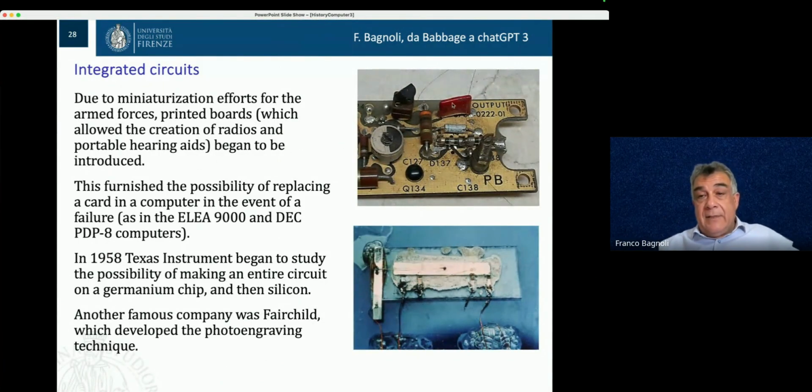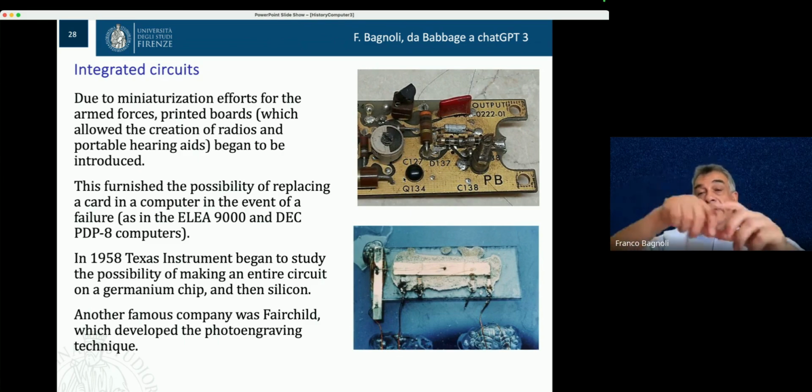Clearly, the first innovation, which you can see already here, was the introduction of printed boards. A printed board is a piece of resin with a layer of copper over it, which you protect with some kind of wax, then put into an acid bath so that the copper is removed, but not where you protected it.